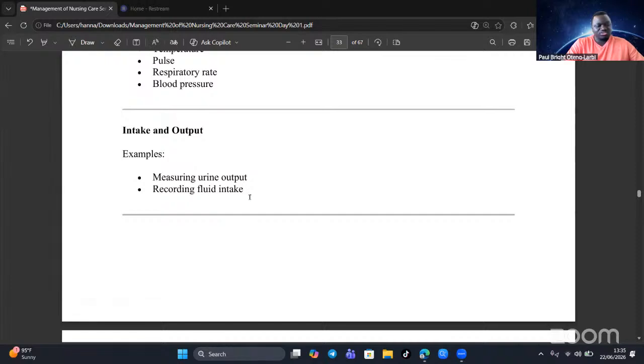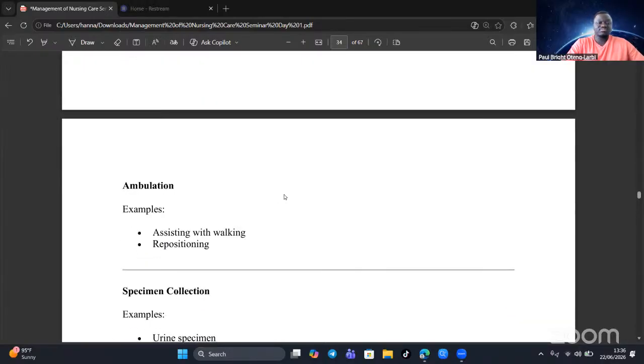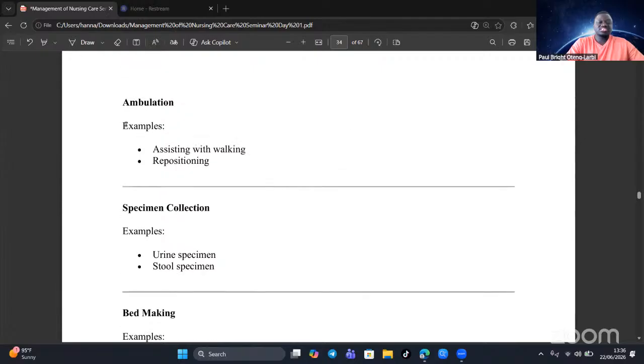You want to give somebody 200 ml of water, you can record it. It's non-invasive. Ambulation, assisting with walking, repositioning in bed, 2-hourly repositioning.